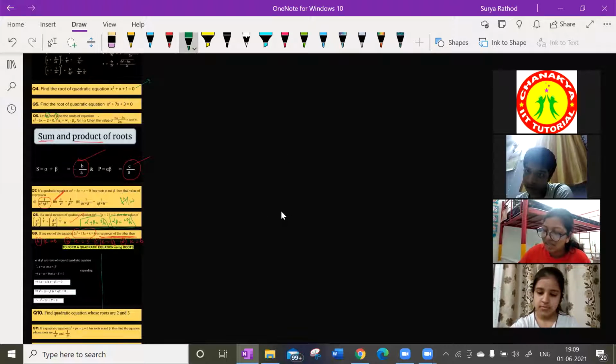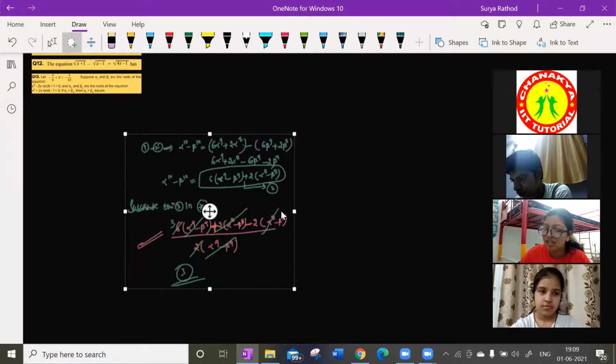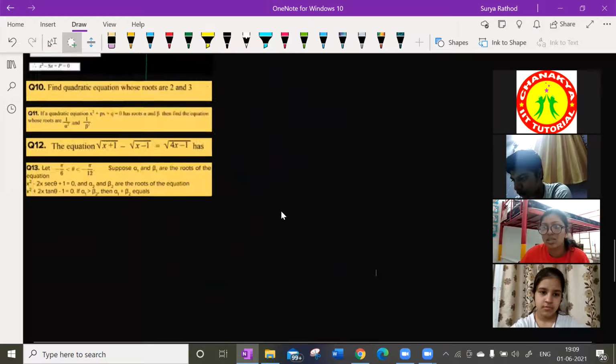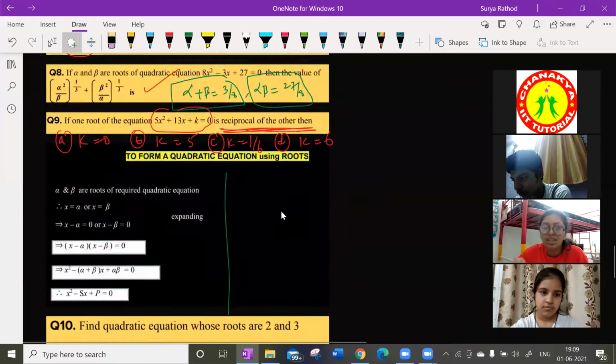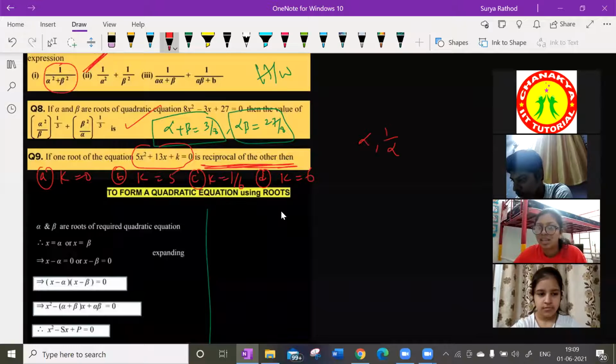If we take the formula alpha times beta is equal to c by a, then alpha times 1 by alpha, which is equal to 1, is equal to c by a, which is k by 5. So if we just do that, k will equal 5.